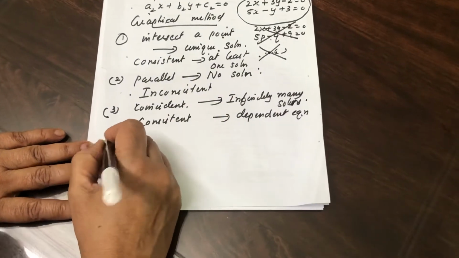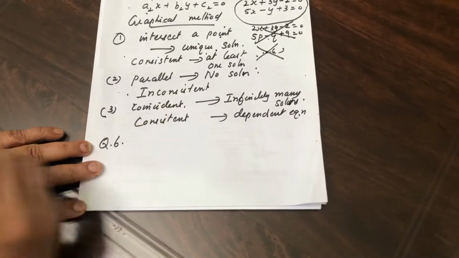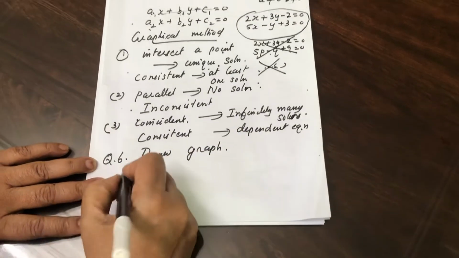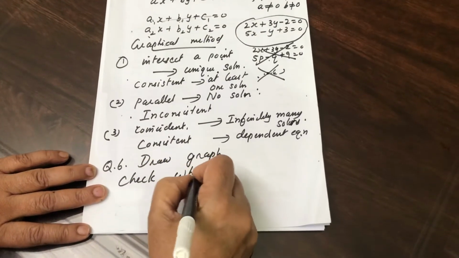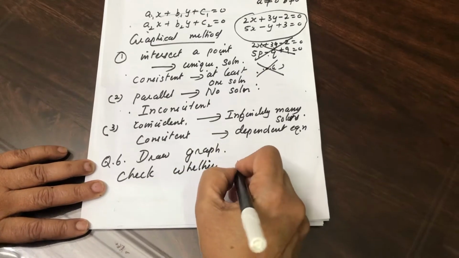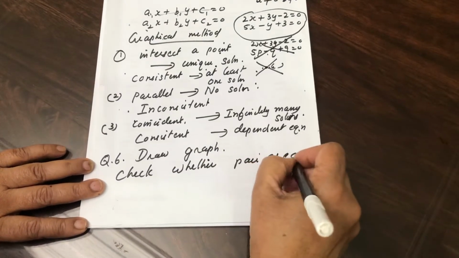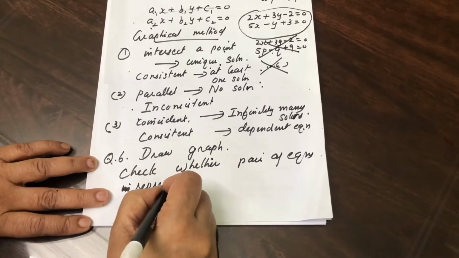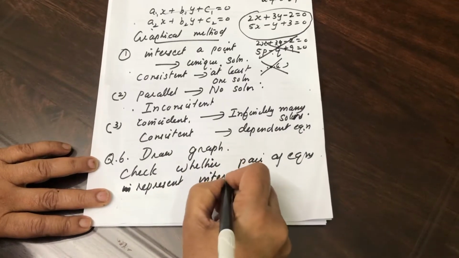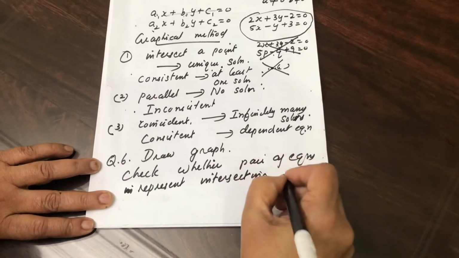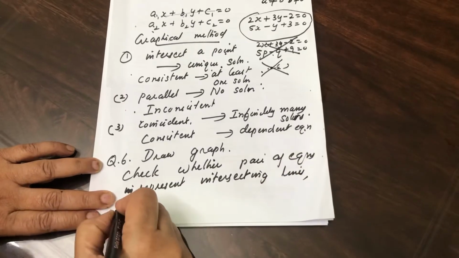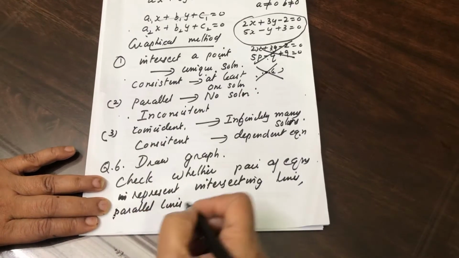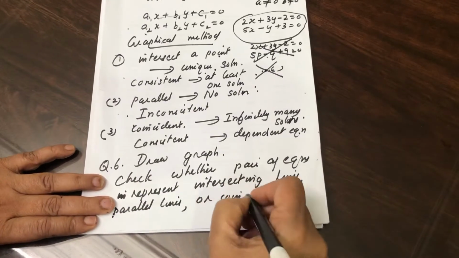Now I'm going to do one question. Draw the graph of the following pair of equations and check whether they represent intersecting lines, parallel lines or coincident lines.